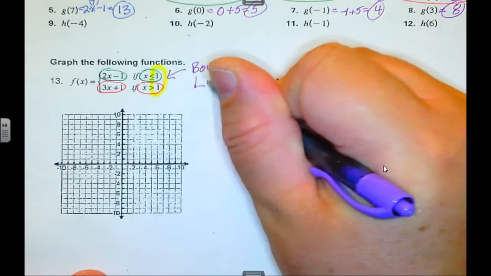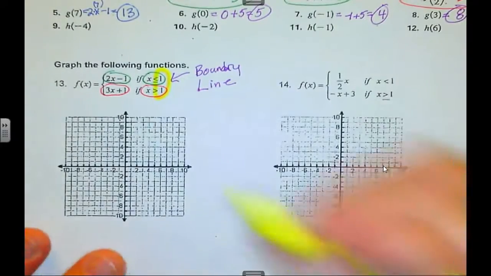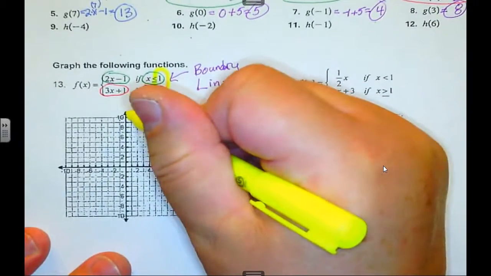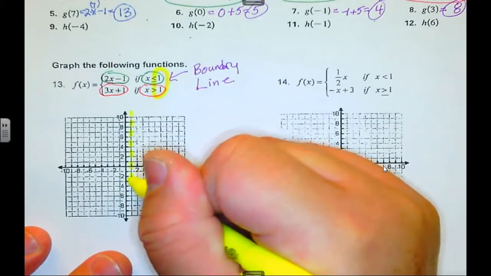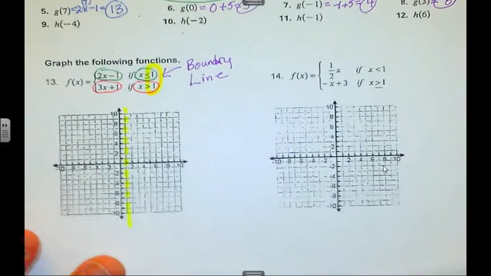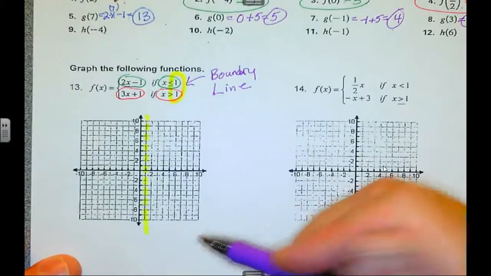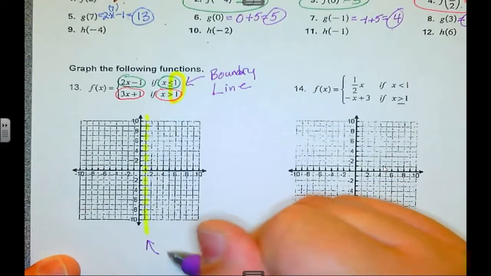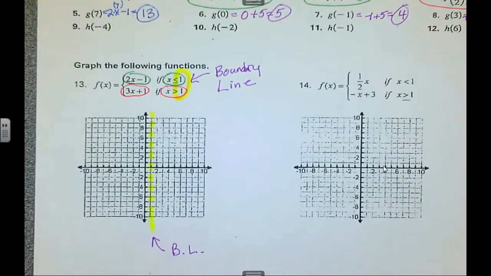How about just BL? Okay, so at 1, x equals 1. Remember, x equal to a number is a vertical line, right? I'm going to put my boundary line. There's my boundary line.